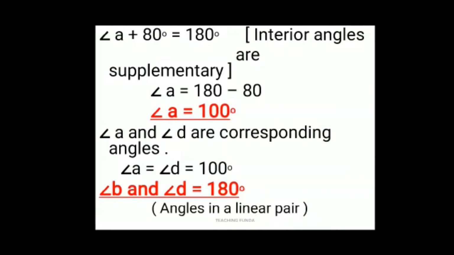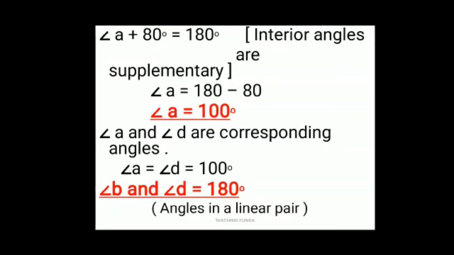Supplementary angle means the sum of both the angles is 180. So angle A is equal to 180 degree minus 80 degree, which means angle A is equal to 100 degree.